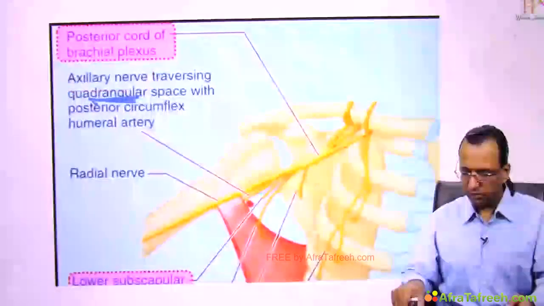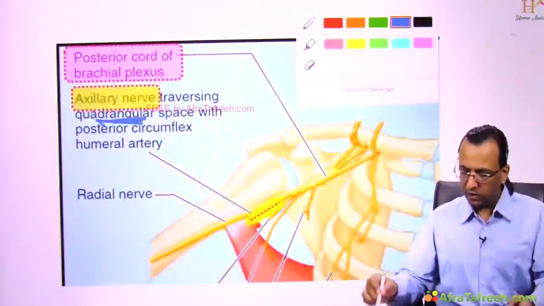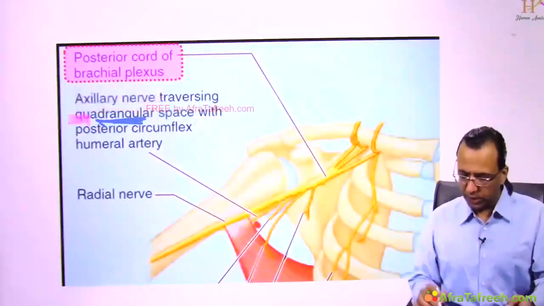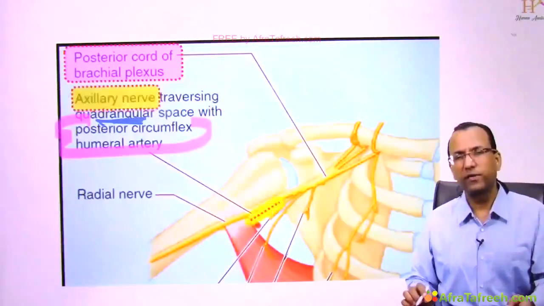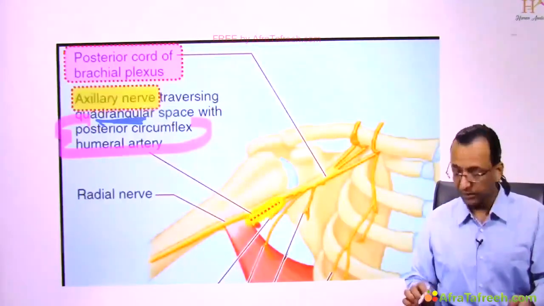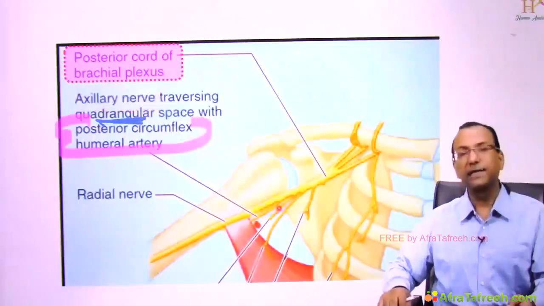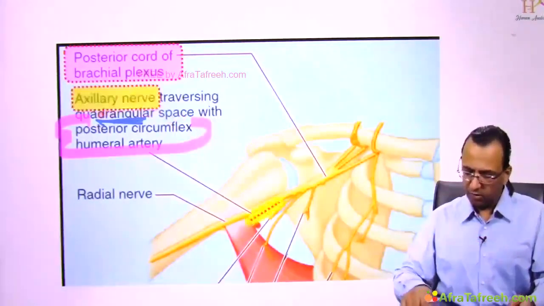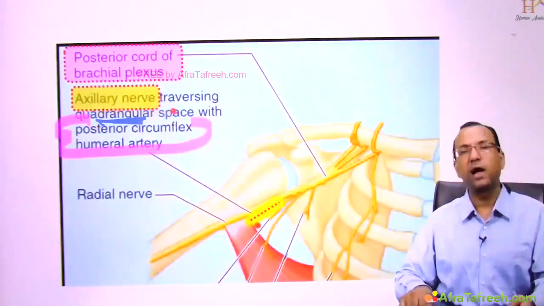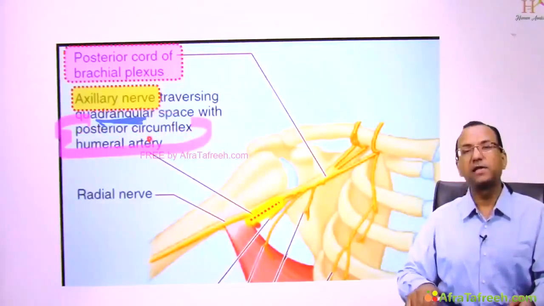It runs with an artery that goes behind and around the humerus, the posterior circumflex humeral artery, a branch of the axillary artery.